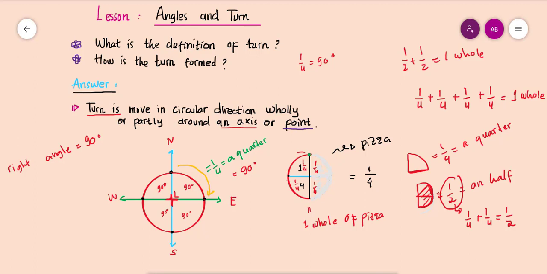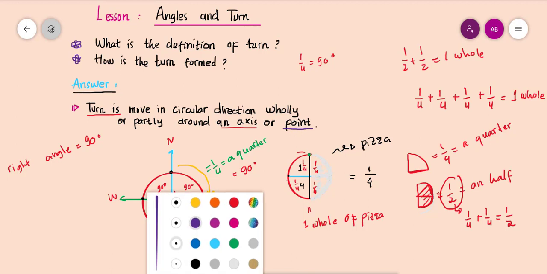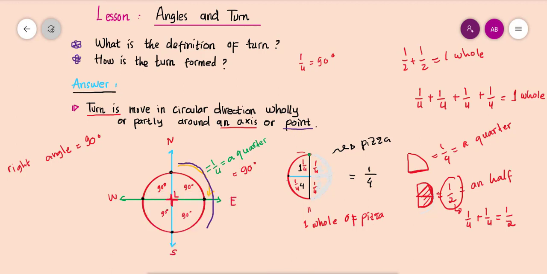If teacher Fia wants to go, I will choose another color, purple. If teacher Fia wants to go from the north to the south, let's see, I will draw the line. Okay, I will draw the curve.